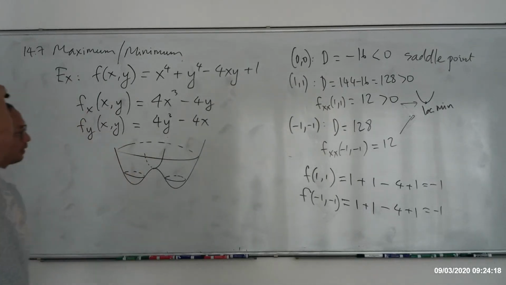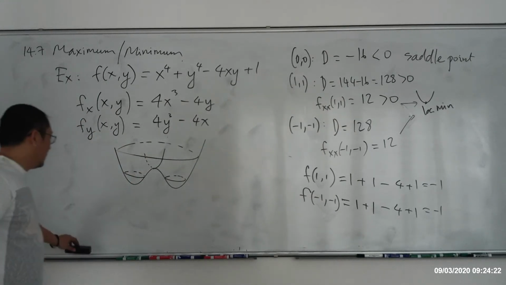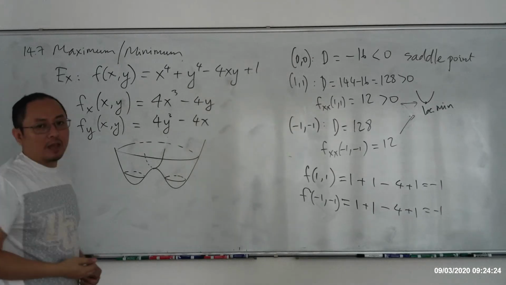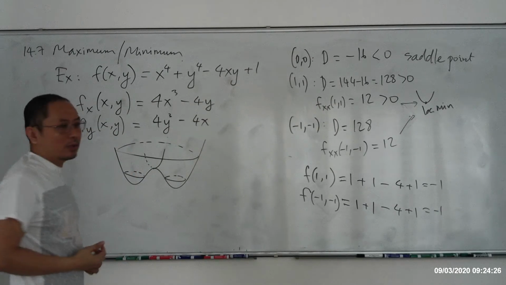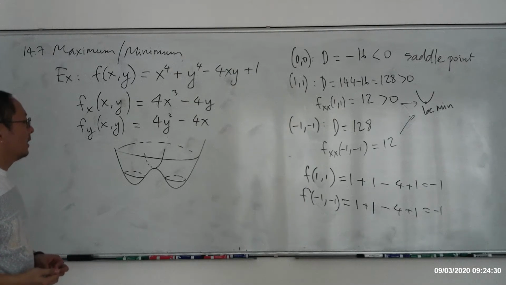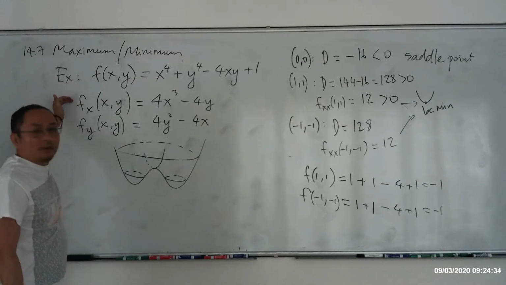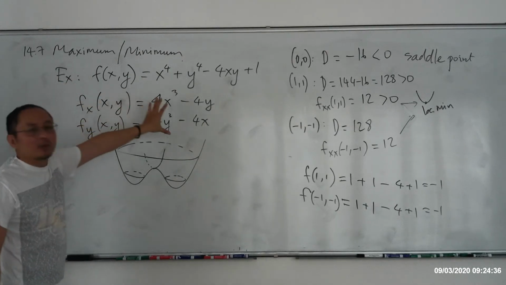Hopefully via the first example, you're going to see the steps that we are following to get to the answer. I claim that with this section, 14.7, you have a recipe, a formula to apply to find the maximum and minimum. First of all, take the first partial derivatives and set them equal to 0.